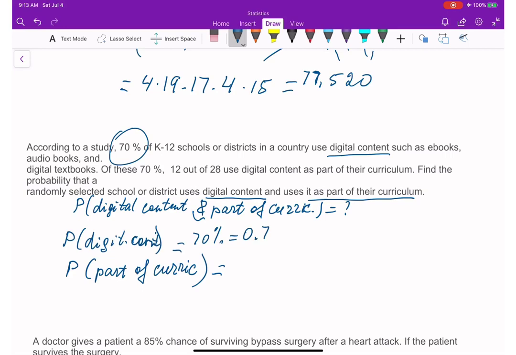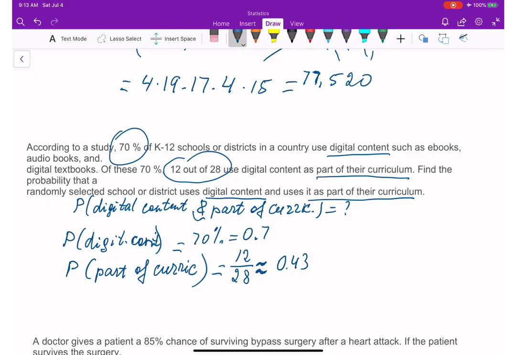Now, what's the probability that they use it as a part of their curriculum? 12 out of 28, which is 12 divided by 28, is approximately 0.43.